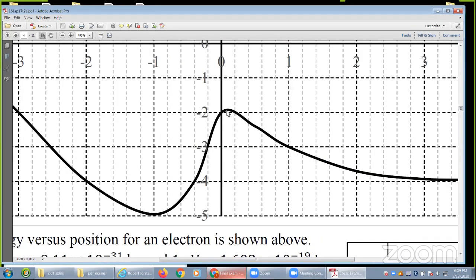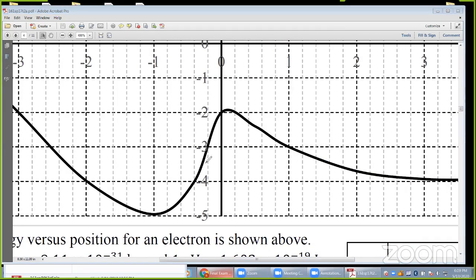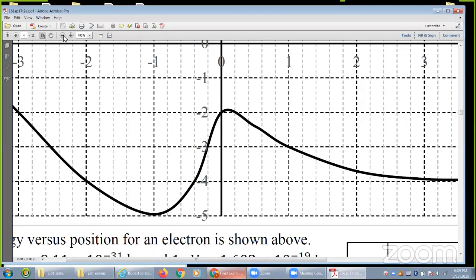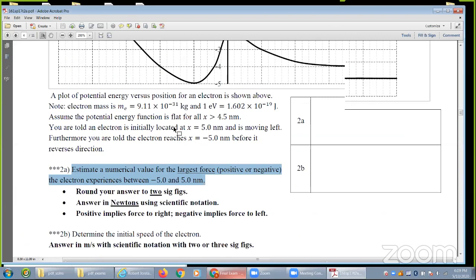So what I would do is I would say something like rise over run between these 2 points. It's not perfect, but that's the slope I would get. All right. So I'm going to zoom out so I can actually see everything now. All right.